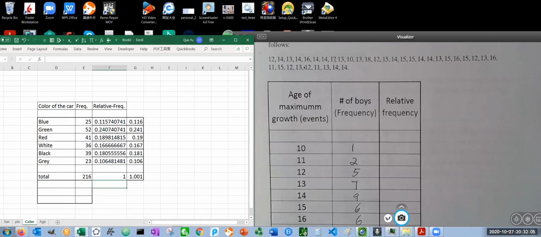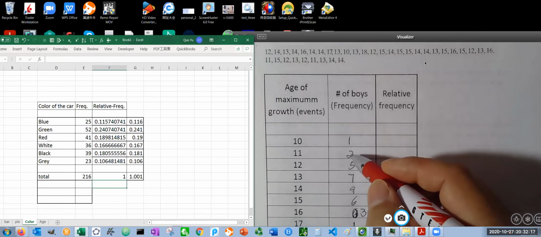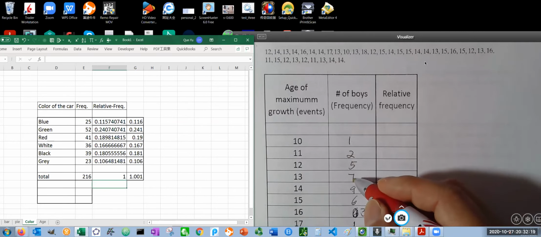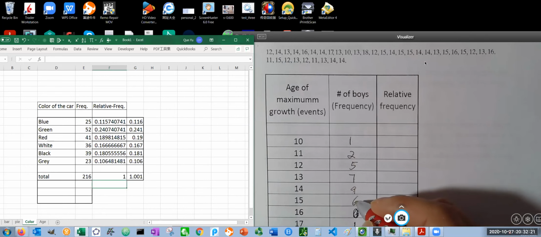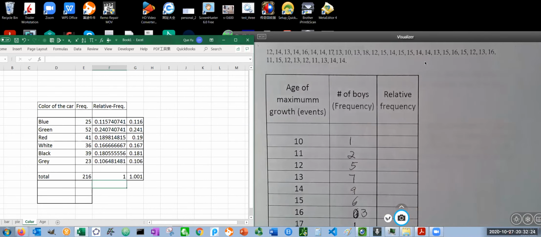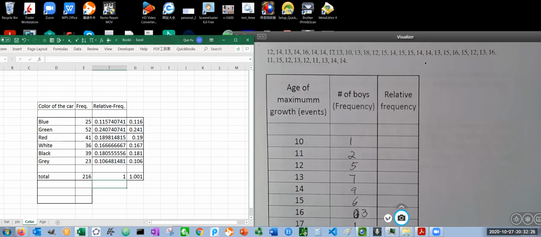There's only 3. I don't know why I wrote 6 before. Let's add again: 3, 8, 15, 24, 30, 35. So that's right. The total frequency is 35.